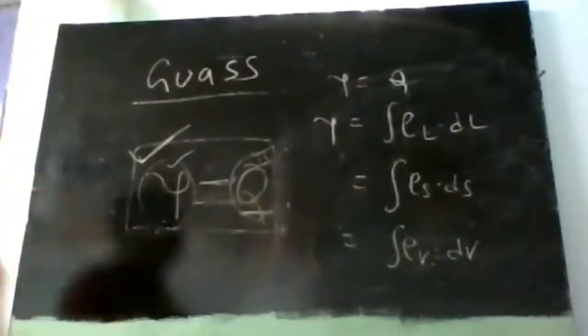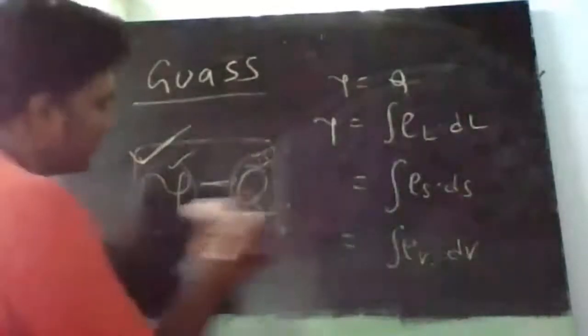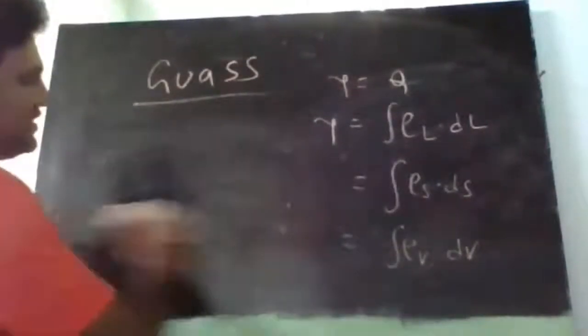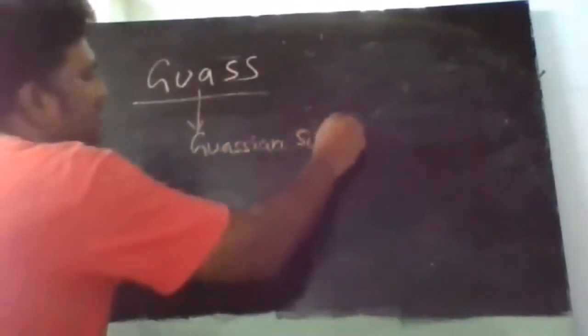Now this is the Gauss law, the simplest law. It says that the charge is equal to the flux coming out of the closed surface. Now we discussed that whenever we want to use Gauss law, we have to study something called a Gaussian surface.